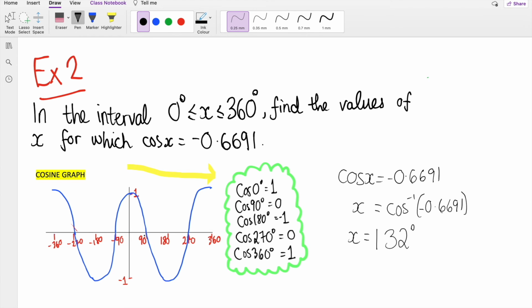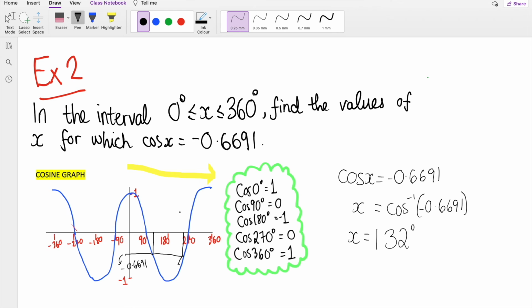I need to go to my graph and see whereabouts 132 is. Well, 132 degrees is about here. Draw a line down and go across. So that's equal to negative 0.6691. Now, if I extend that line to see where else it touches the graph, I draw a straight line across here, and whenever I touch the graph, I draw a straight line up.